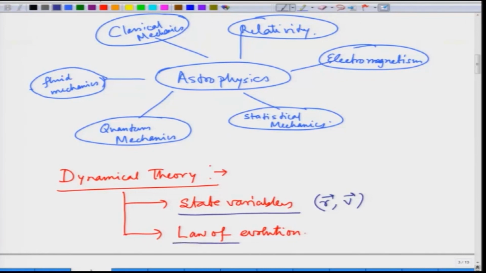Now, how to understand how it changes with time will be given by a set of either ordinary differential equations or partial differential equations, or in some cases a combination of the two. These are known as the law of evolution. So, what is the law of evolution for classical mechanics? Let me ask you this question. All of you know this is nothing but the famous Newton's laws.